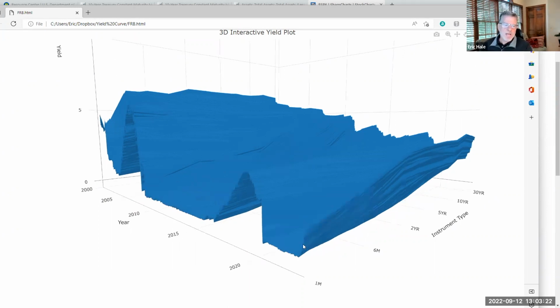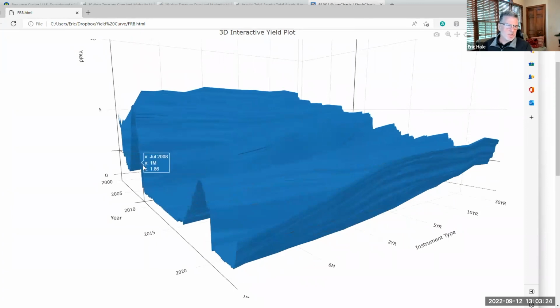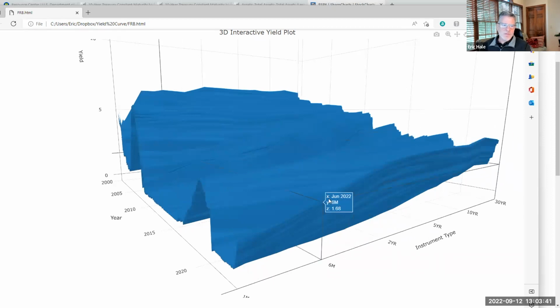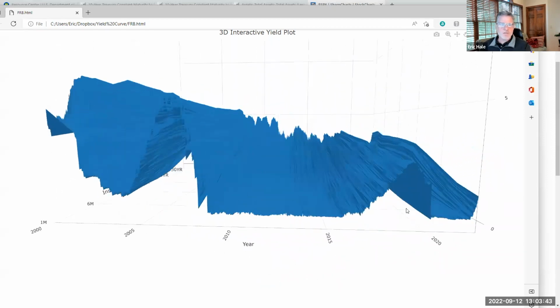What we're looking at is, if you look at this leading edge here, that is the yield rate of a 1-month Treasury. Then the next row back is a 3-month, and then there's a 6-month, and all the way back to 30 years. And this data goes back to 2000.